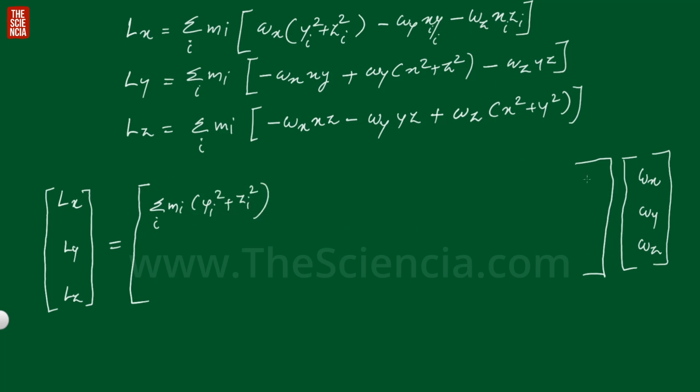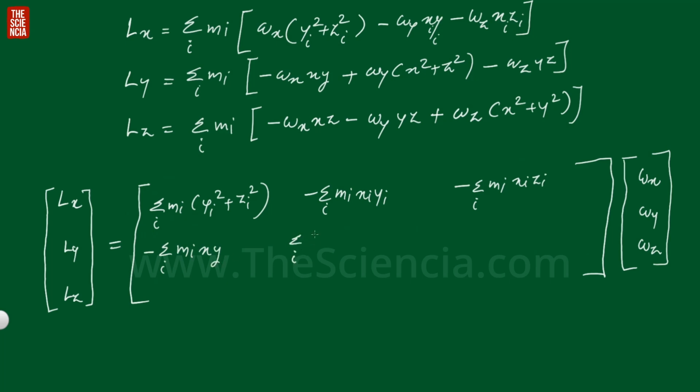The second term, with omega y, the remaining term is minus summation over i of m_i x_i y_i. And the last term is minus summation over i of m_i x_i z_i. And here it will be minus summation m_i x_i y_i.